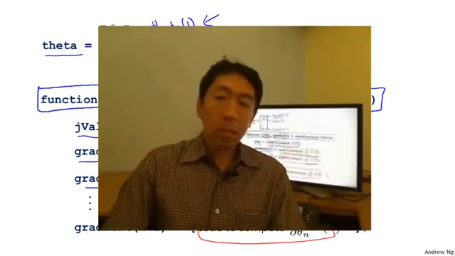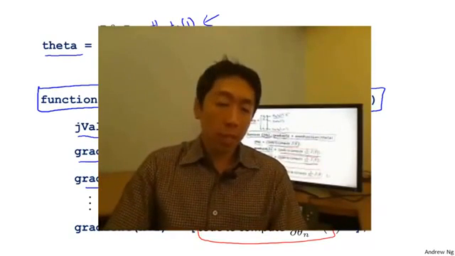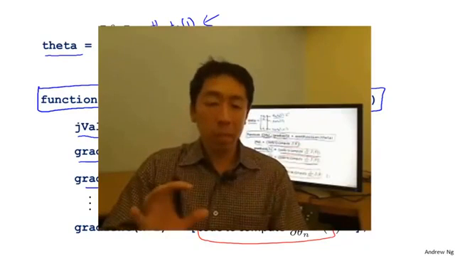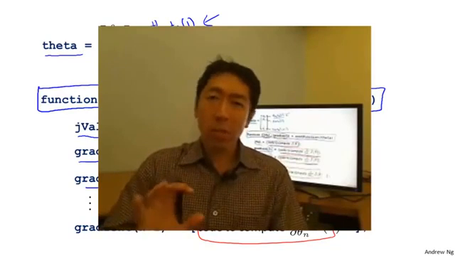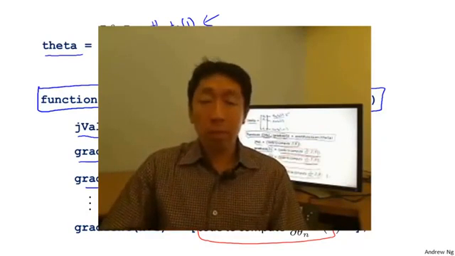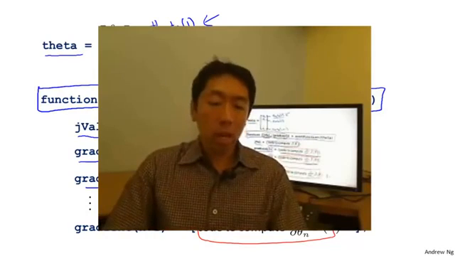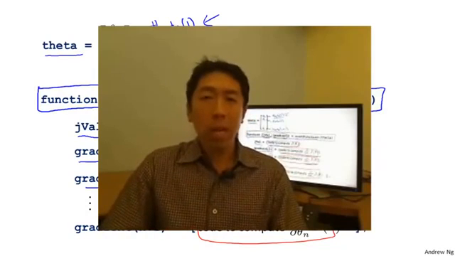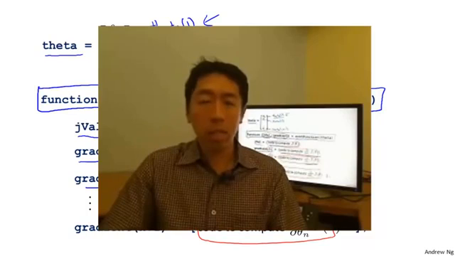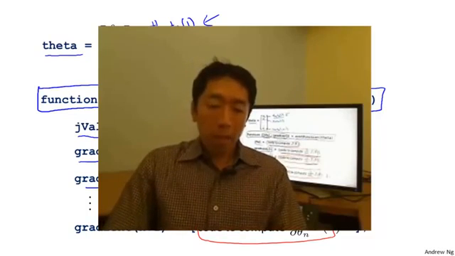Because you're using a sophisticated optimization library, it makes the code just a little bit more opaque, and so maybe a little bit harder to debug. But because these algorithms often run much faster than gradient descent, whenever I have a large machine learning problem, I will use these algorithms instead of using gradient descent.